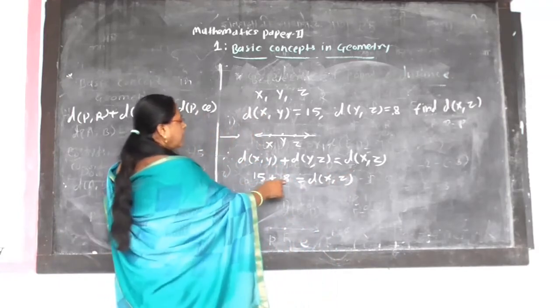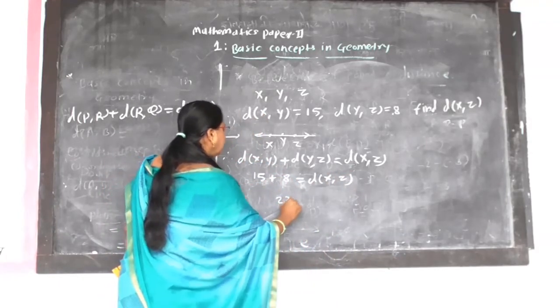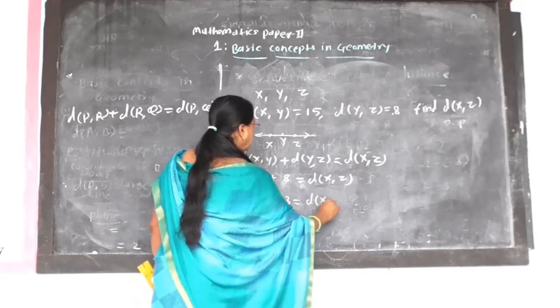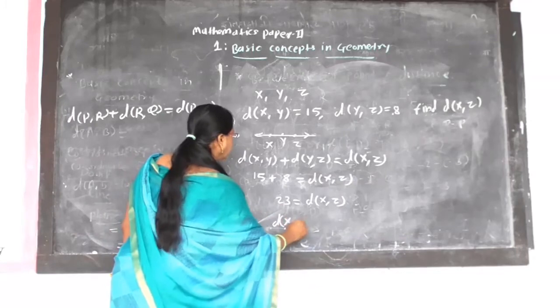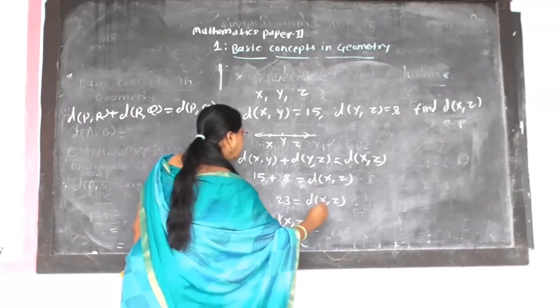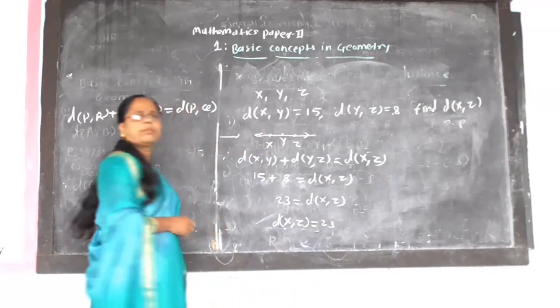We are given that distance XY equals 15 and distance YZ equals 8. 15 plus 8 equals 23, that is distance XZ, and therefore the distance from X to Z is equal to 23.